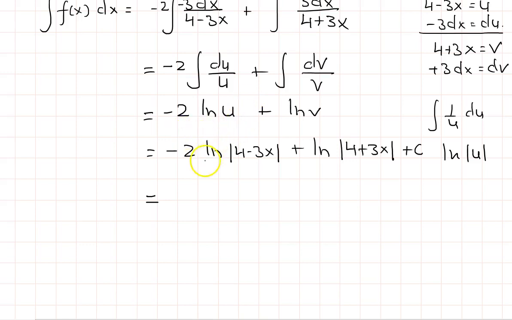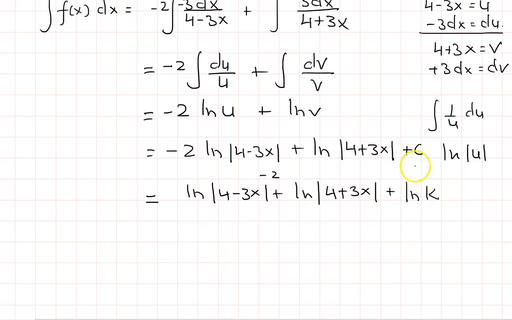So it will be equal to ln mod 4 minus 3x to the power minus 2 plus ln 4 plus 3x, and c can also be written as ln k. c is a number and k is a number, so it's a constant.